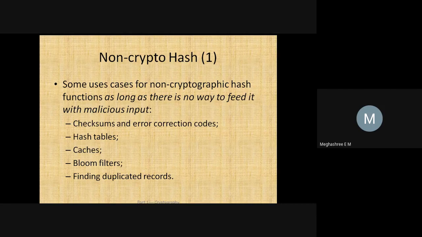Using a Bloom filter, it checks the records. This Bloom filter is a probabilistic data structure which is used to test whether an element is a member of a set. Let's consider an example: checking the availability of the username you have given to create an account.